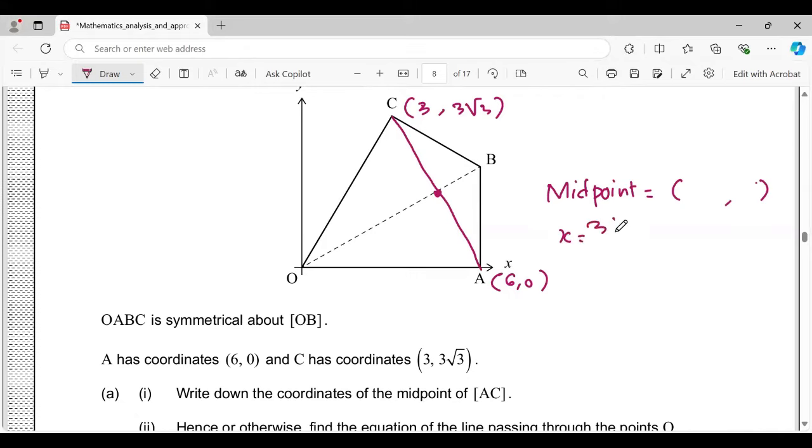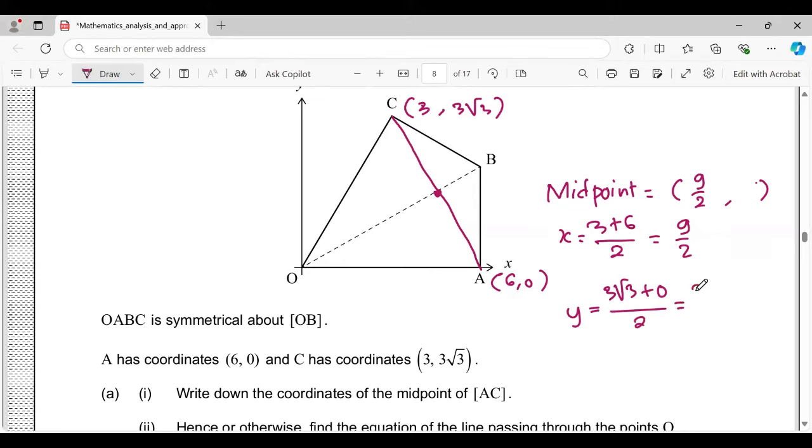X equals (3 plus 6) over 2, it is 9/2. And then Y equals (3√3 plus 0) over 2.